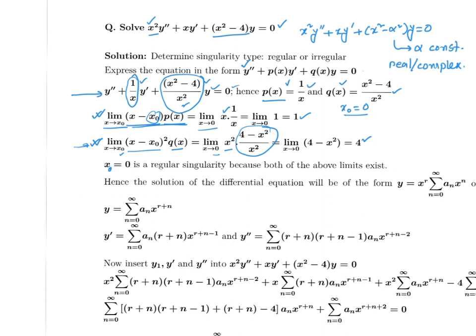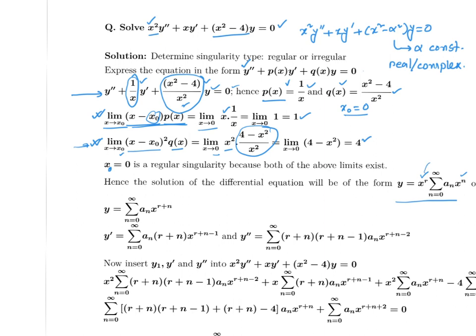Now, if you are dealing with a singular point that is regular, the format of the solution is this: y is equal to x to the power r times the summation from n equals 0 to infinity of a sub n times x to the power n.